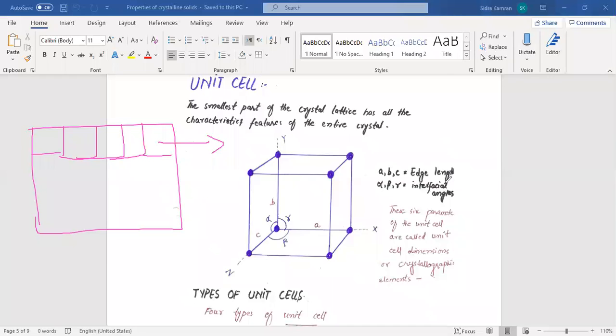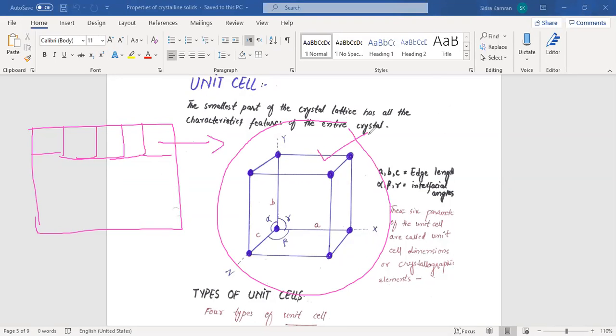Before moving towards the types of unit cell, I am going to give you the significant points of this unit cell. A unit cell is basically the smallest block, the geometrical figure, of the crystal. It is the smallest block of the complete crystal lattice. This unit cell has a fixed geometry, fixed angles and fixed edges.